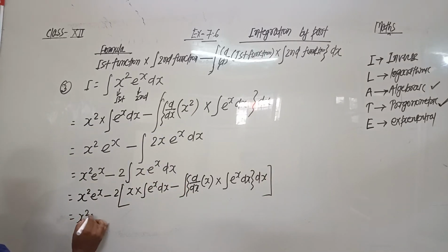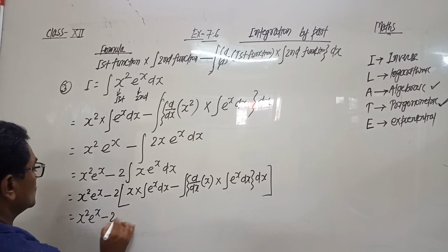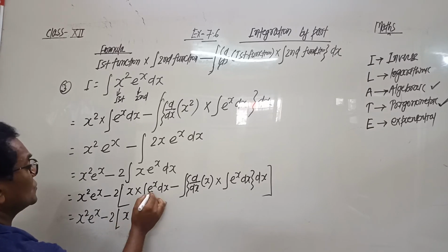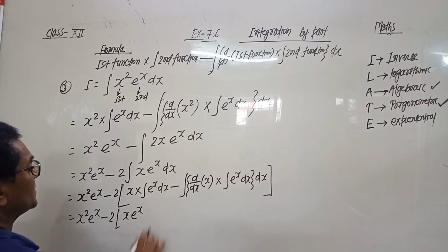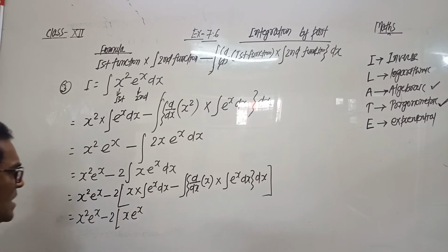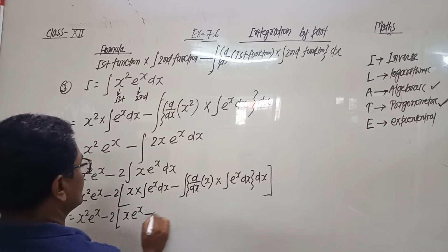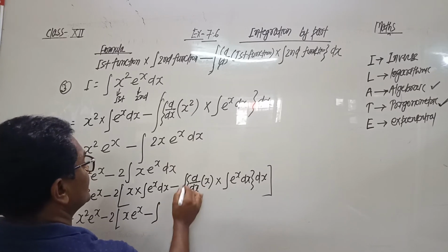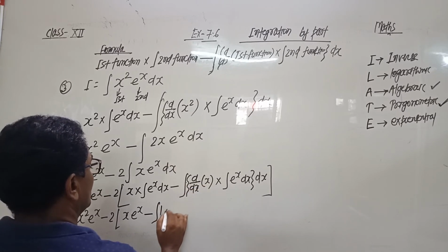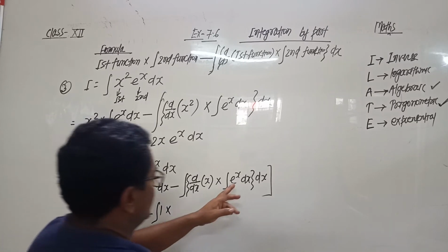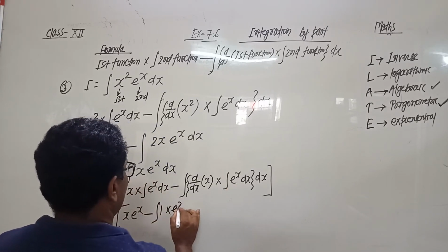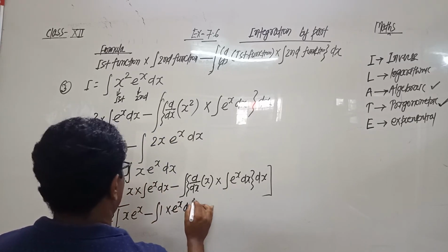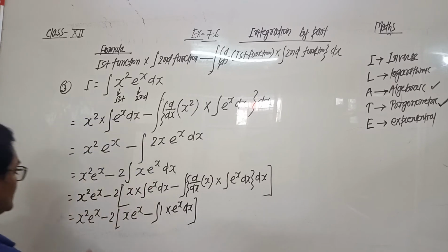So x square e raised to the power x minus 2 x into integration of e raised to the power x is e raised to the power x, minus integral sign, d by dx of x is 1 and integration of e raised to the power x is e raised to the power x into dx.